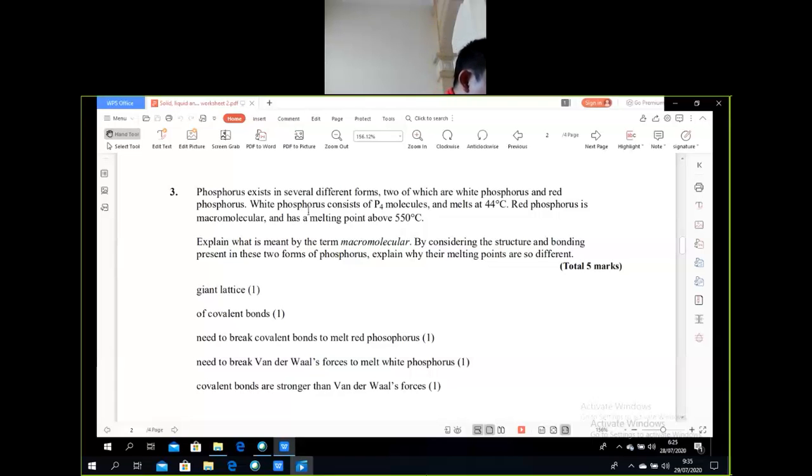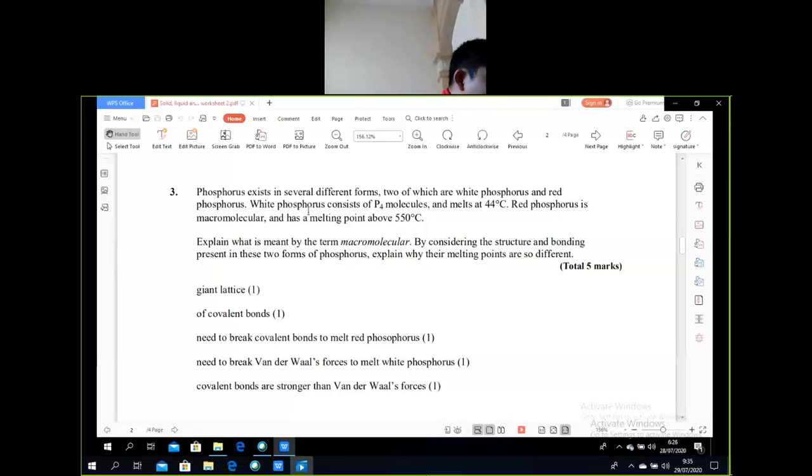So the question is asking, explain what is meant by the term macromolecular. We know the meaning of macromolecular is giant covalent network. It forms a giant covalent structure.